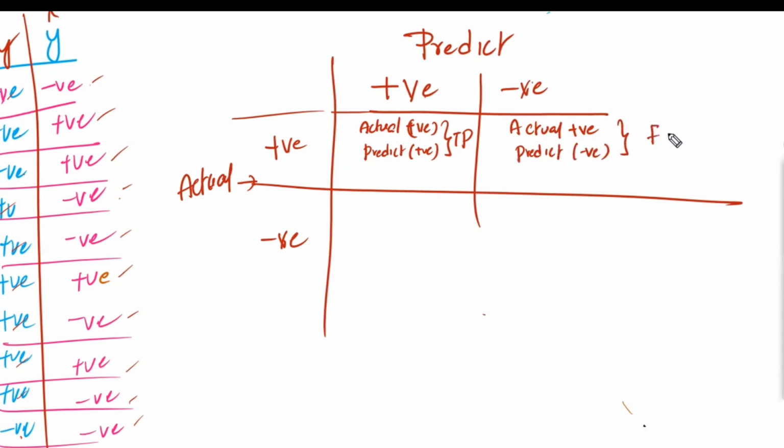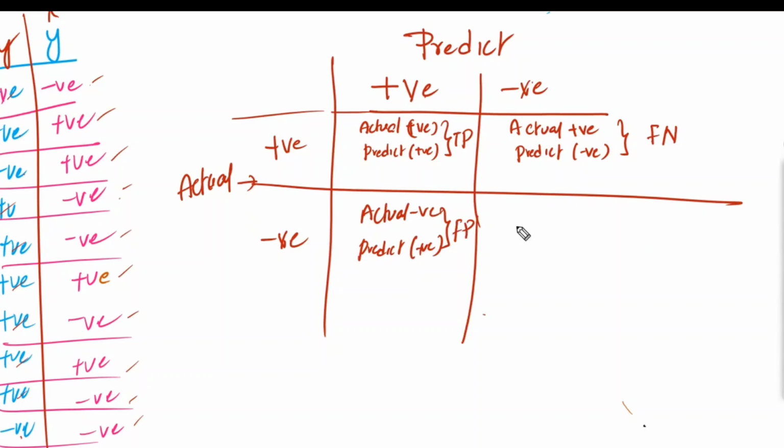False negative, because your prediction is negative, which is opposite to the actual, so it is called FN. Next, this particular cell is actual negative and predicted positive. Then what is this called? False positive, because you predicted positive, which is opposite, that is FP.